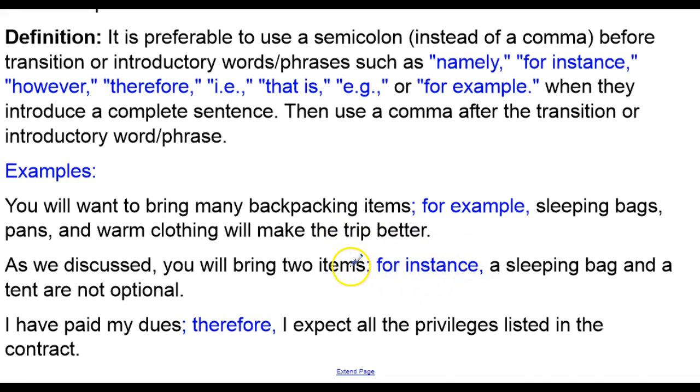And because we're talking about semicolons here, you put a semicolon for this one and then keep that comma after. And then the last one, I have paid my dues. That's a complete sentence. And then I expect all the privileges listed in the contract. That's a complete sentence. So therefore, we have a semicolon in front and a comma behind.